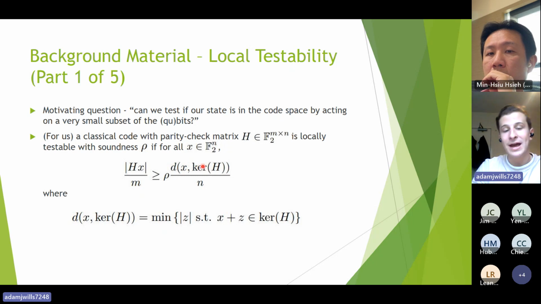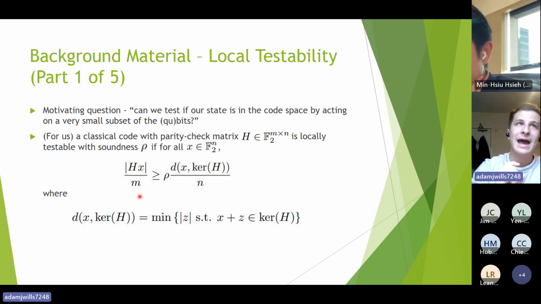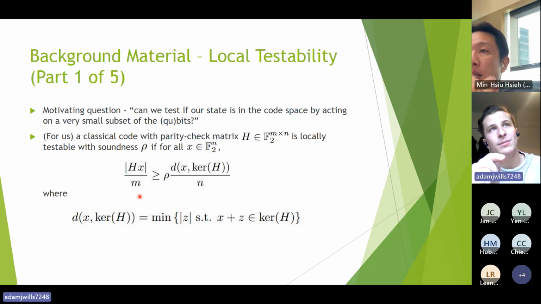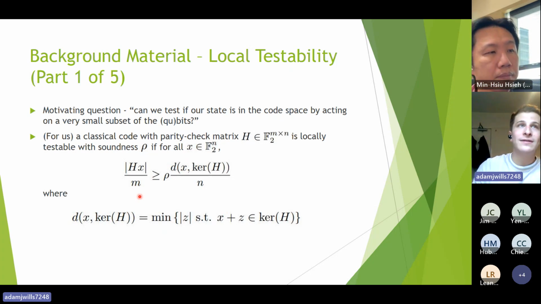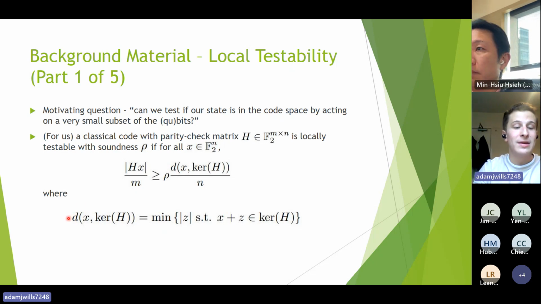And the distance of x from the code space is intuitively going to be the minimum number of bits of x that I need to flip in order to put myself inside the code space. So if I need to only flip a few bits of x to put myself in the code space, then intuitively this is going to be a vector that is close to the code space.